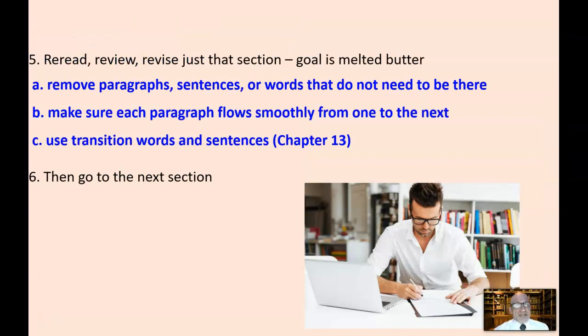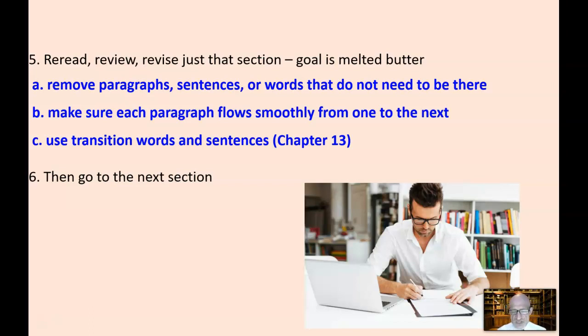Then begin to look at the section. Reread, review, revise just that section. Make sure it reads like melted butter. It just flows off the page. Remove any paragraphs that don't need to be there. And again, look for sentences or words that do not need to be there. Make sure one paragraph flows into the next.